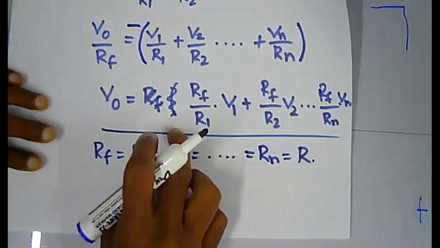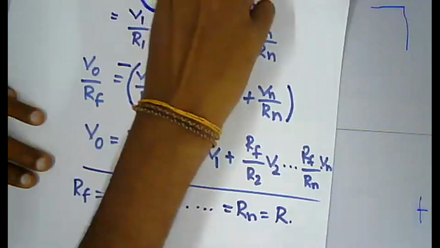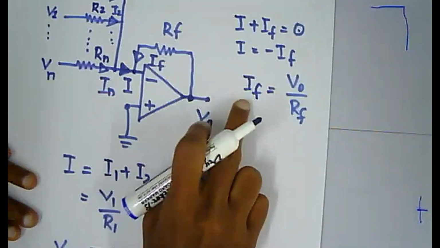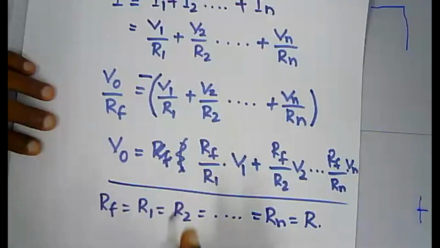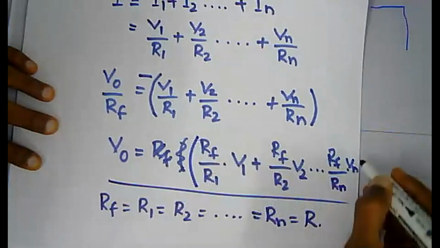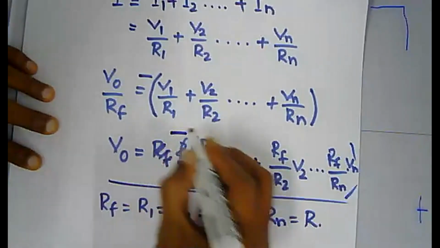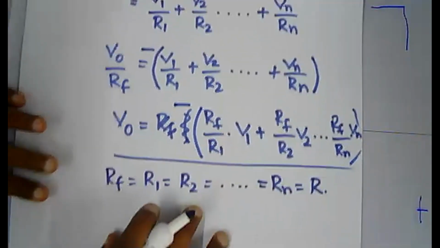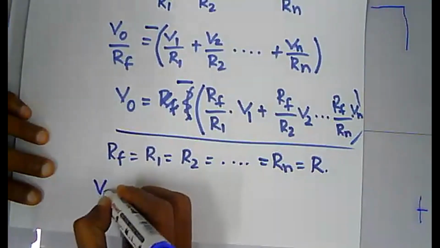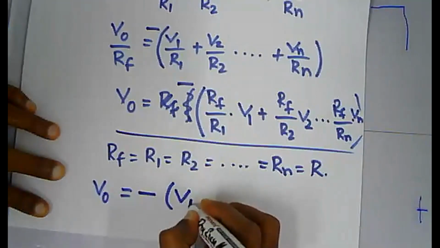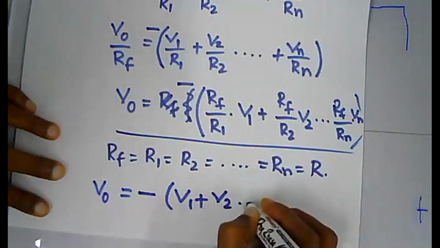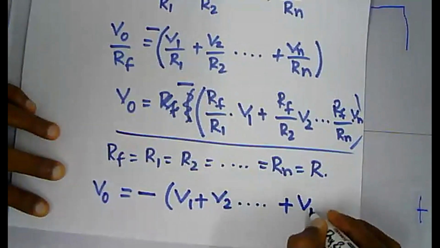There should be a minus because I equals minus of If, so there should be a whole minus here. If all of them are equal, now your V out becomes minus of V1 plus V2 plus Vn.